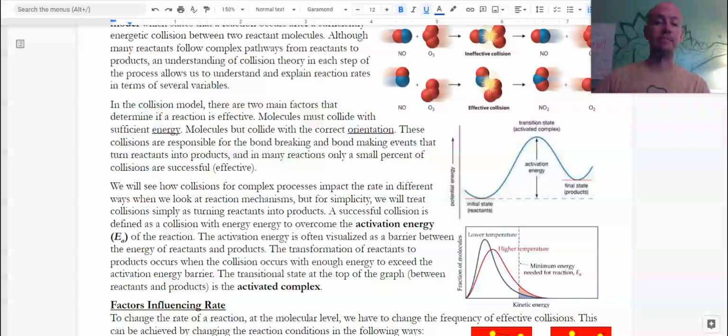It's the activation energy, or we would label and simplify that as E sub A. We sometimes think of it as the transition from kinetic to potential energy, but in either case, it is the energy that the molecules possess. And we'll see later that during that process, during an effective collision, we don't have our reactants nor our products, but we're in a transitional state that's sometimes called an activated complex.